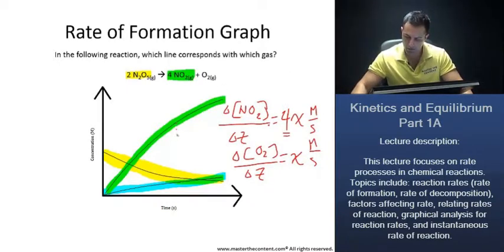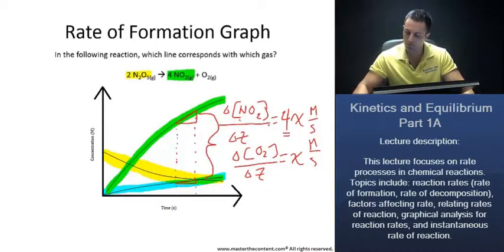So what I mean by that is, let's just say we were to take this time interval right here, and we were to calculate the average rate of formation right here for the nitrogen dioxide, and for the oxygen gas.